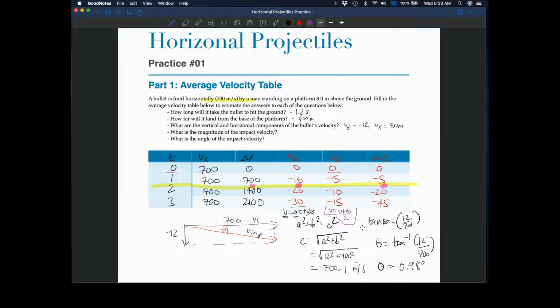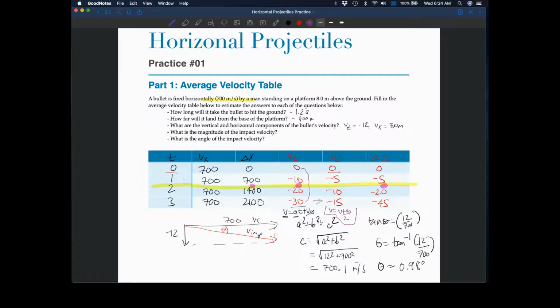And so the initial velocity is 0, and the final velocity for the first interval, the first second, is minus 10, so that gives us an average of minus 5. And for the next cumulative interval up to 2, the average velocity, minus 20 plus 0 divided by 2, is minus 10. And in the third interval, minus 30 plus 0 divided by 2 is minus 15.